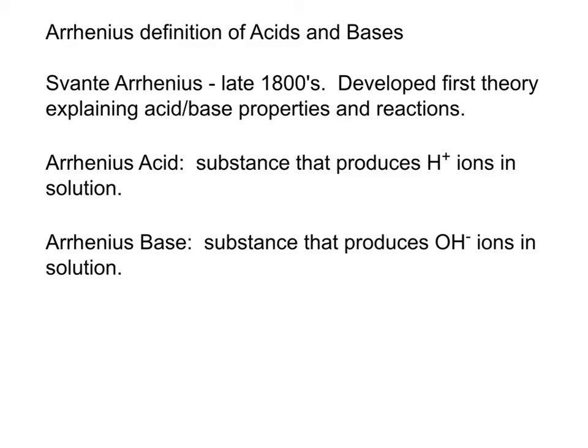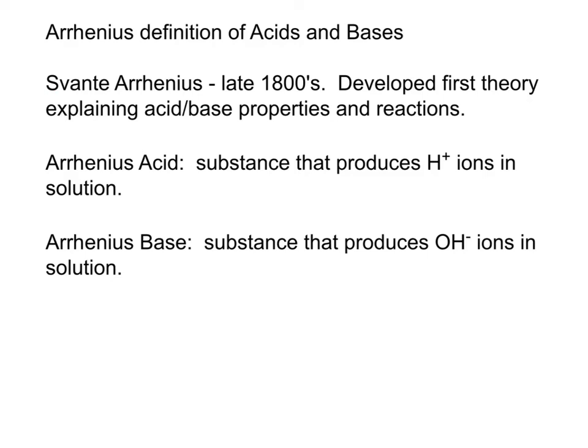So this is leading us to our first type of acid and base definition. It is known as the Arrhenius acid and base. It was Svante Arrhenius in the late 1800s who developed his first theory explaining properties of both acids and bases. He simply stated that an Arrhenius acid is anything that produces H plus ions in solution.